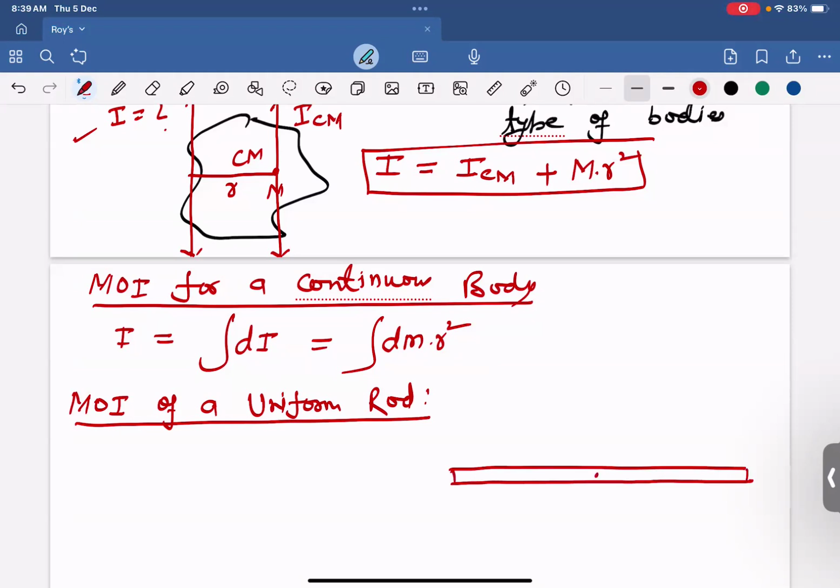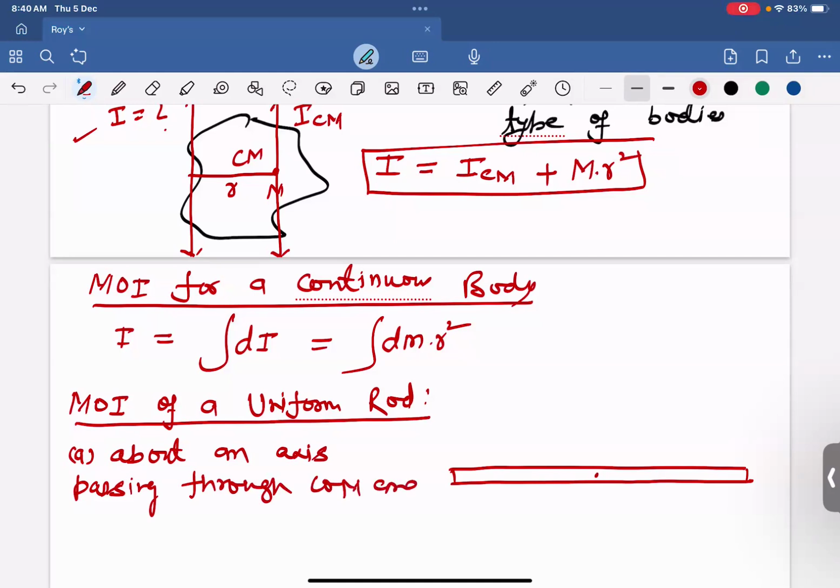Axis should be very much defined. So first I am taking the axis, about an axis that is passing through center of mass and perpendicular to the rod.